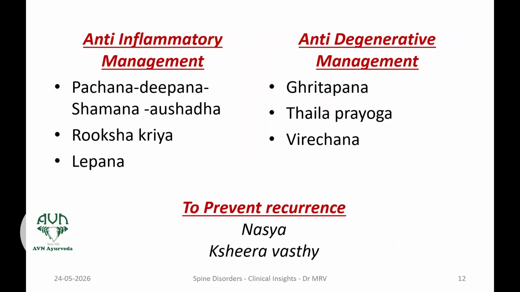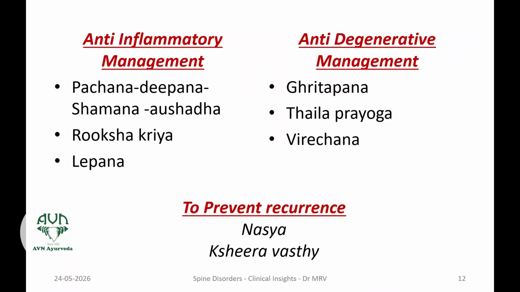Hence, for preventing Griva Graha or Griva Shula or cervical spondylosis, we definitely have to do some level of Brimhana Nasya. Kshiravasti is mainly indicated for preventing the degenerative problems of the lower vertebra.